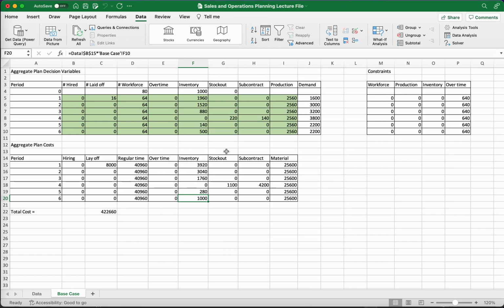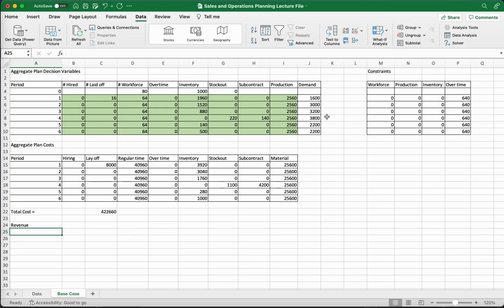Okay, so this is it. We are not doing any overtime. We are producing 2,560 units, and the total cost is $422,660.